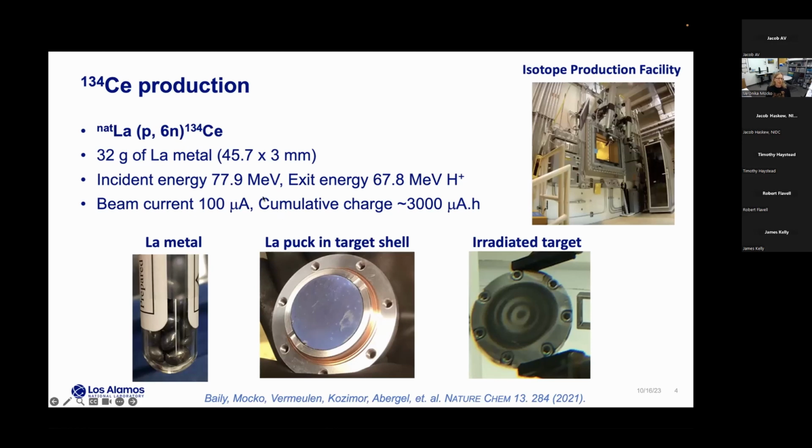The incident and exit energy is between 78 and 68 mega electron volts, with a beam current of 100 microamps, and we irradiate for about a day.